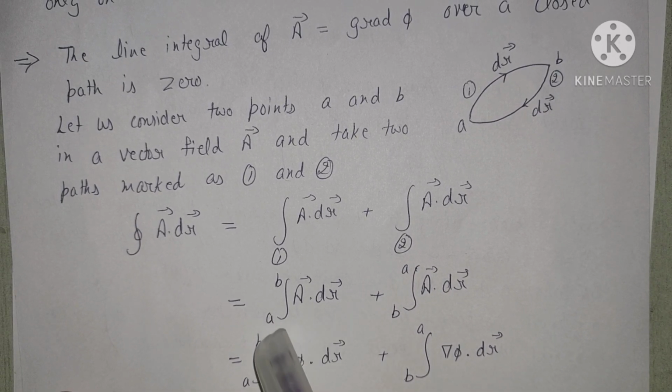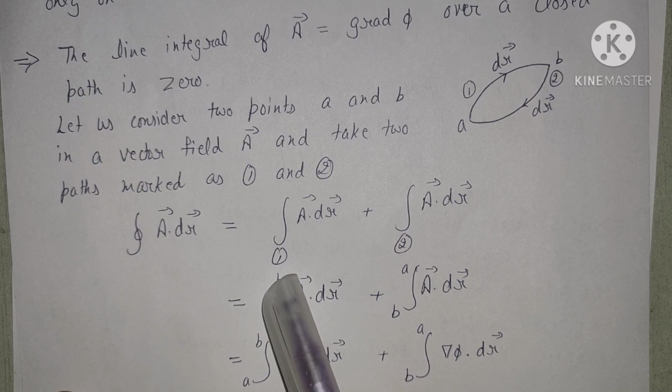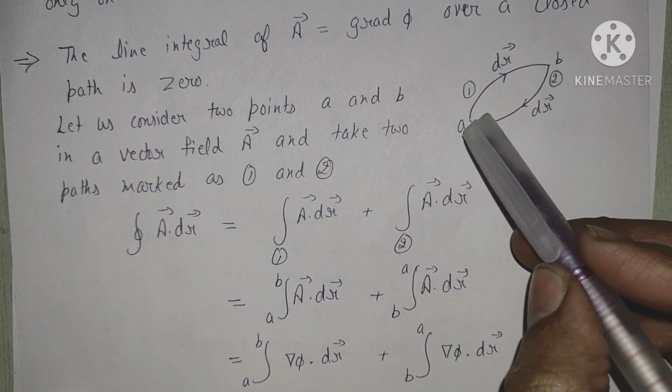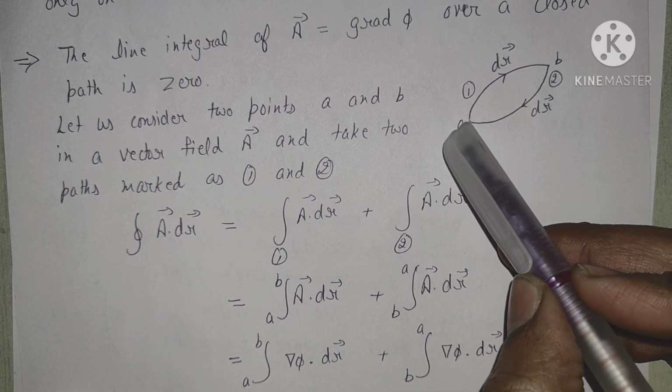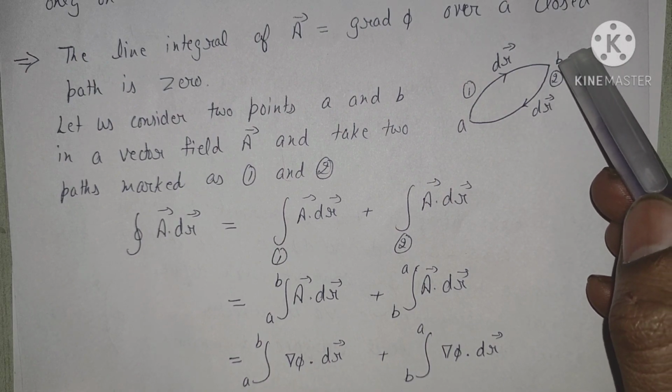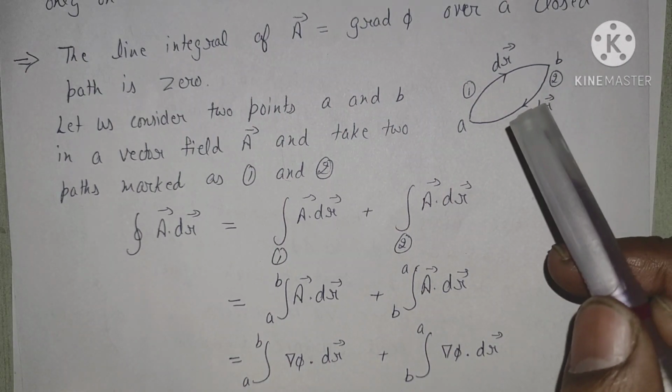So lower limit of first path is A and final value is B, and lower limit of second path is B and final value of second path is A.